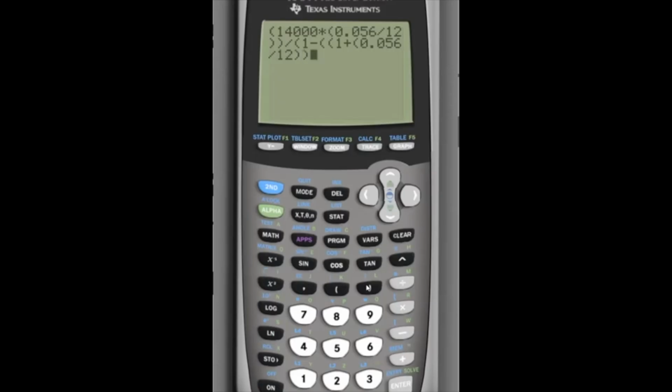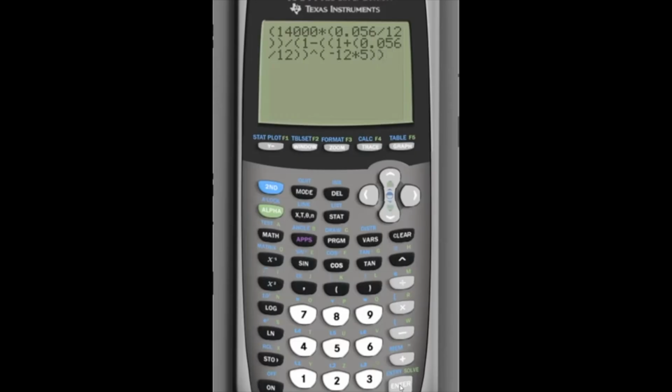And then we have our 1 plus r over n here. Now we're going to go ahead and do our exponent. So our exponent, using the little caret symbol. And then we have negative 12 times 5. That finishes off our exponent. And that finishes off our entire denominator.